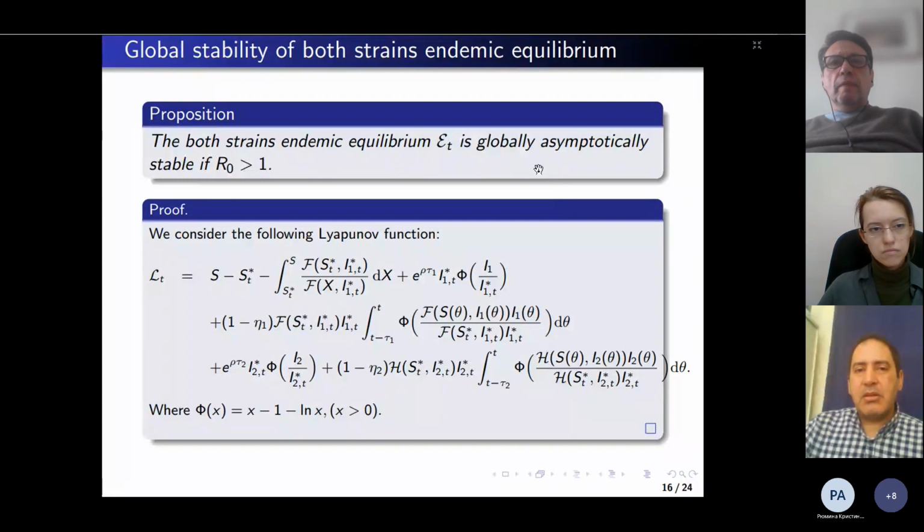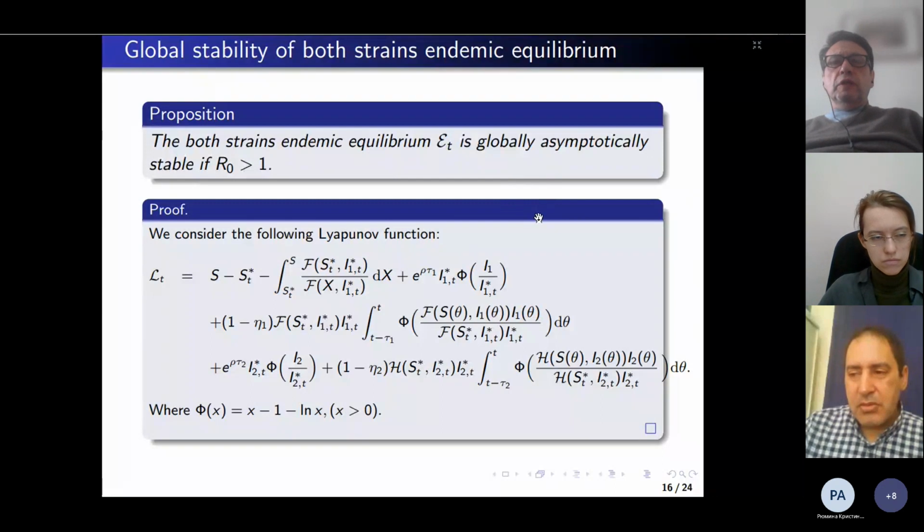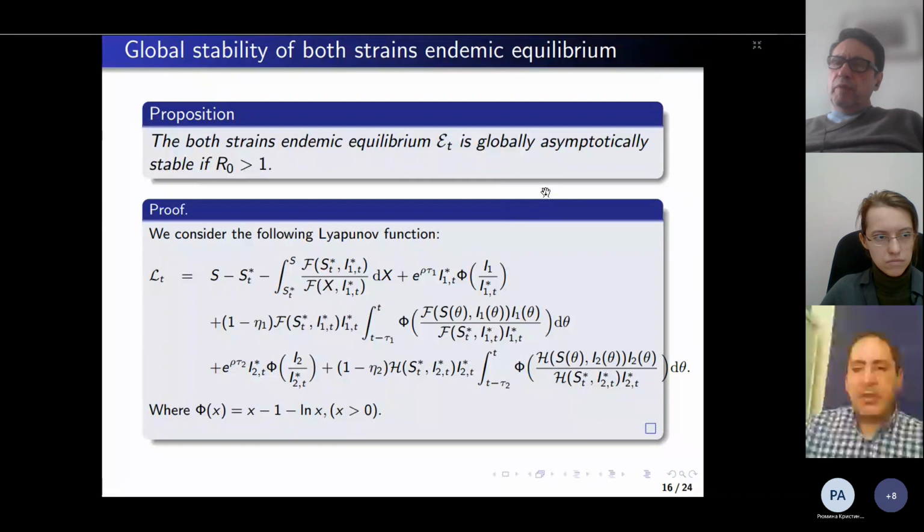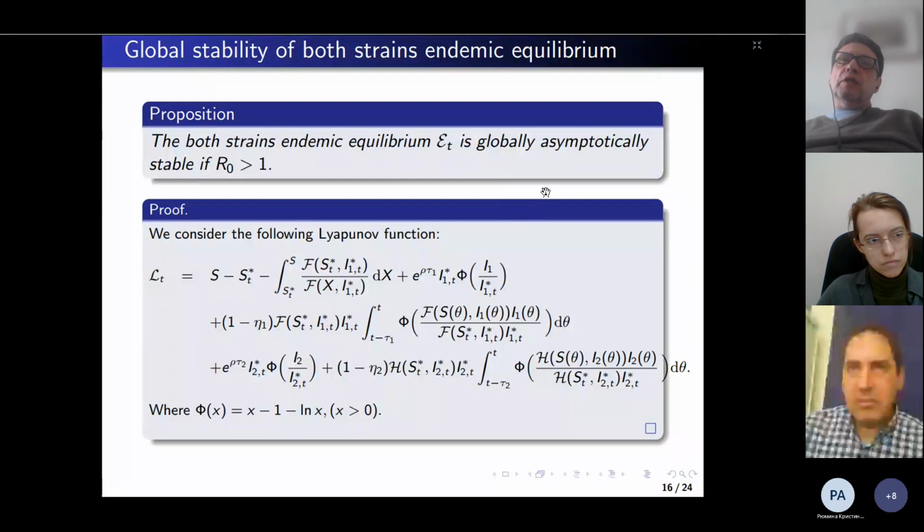Is it possible to obtain analytically the basic reproduction number for the stochastic model?